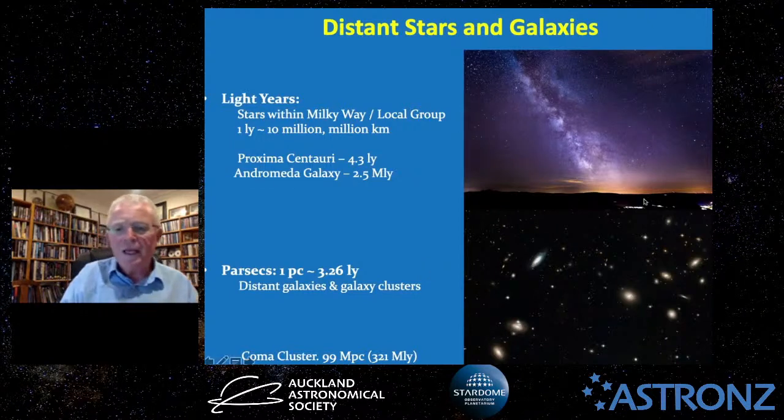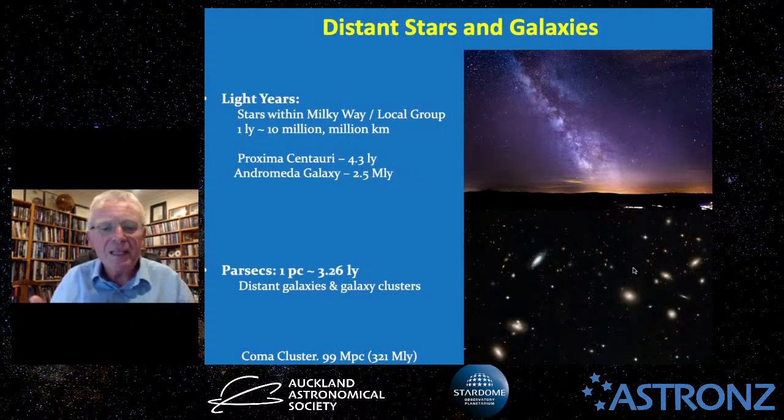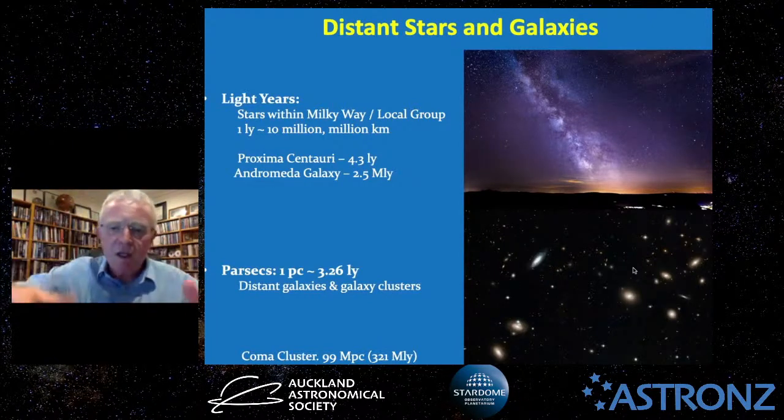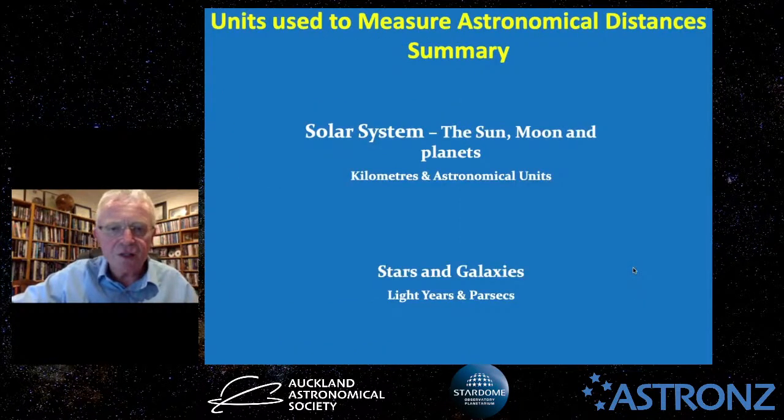For example, this image is the Coma cluster of galaxies, quoted as being 99 megaparsecs, or 99 million parsecs away, which works out to about 321 million light years. So they use something slightly different for the more distant stars and galaxies.